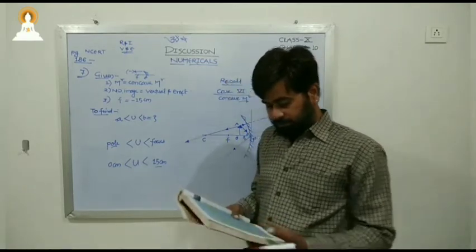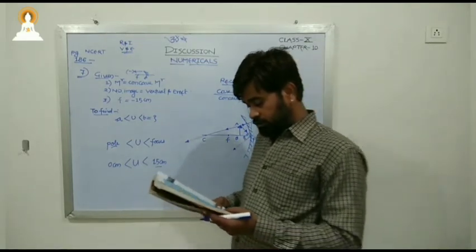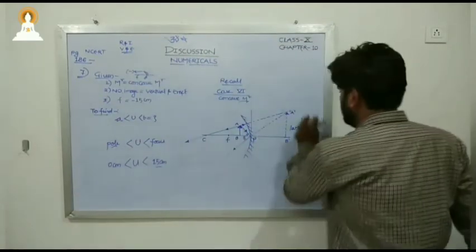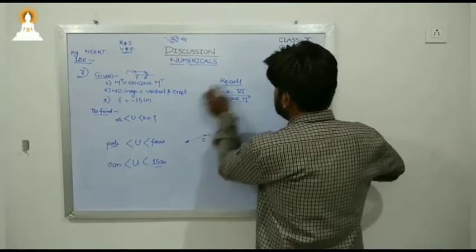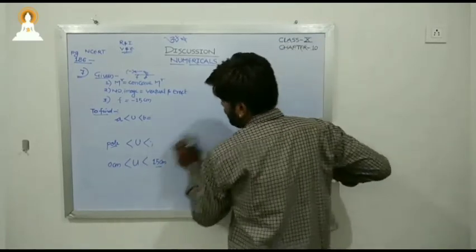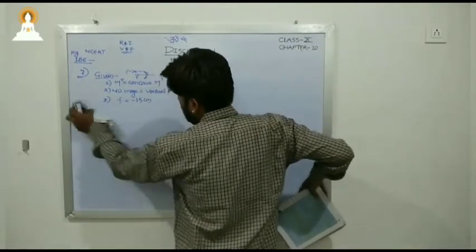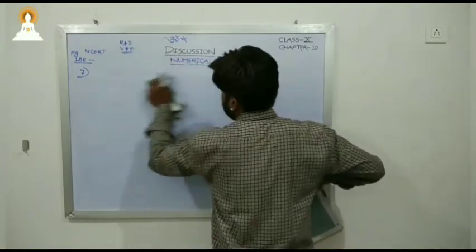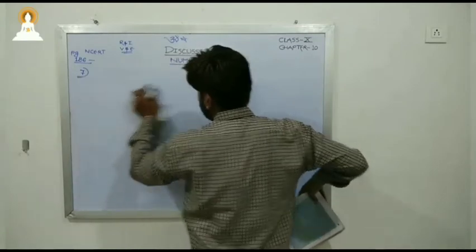Then question number 8. Now question number 9, very important, because the answer of this question is somewhat analytical, you need analysis, and many of the references have given a wrong answer.